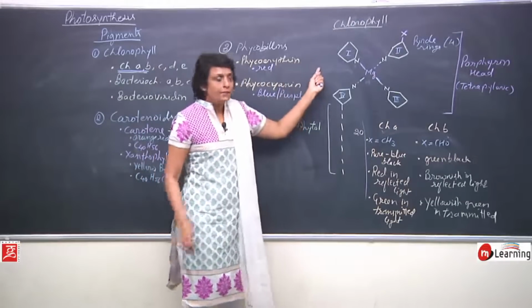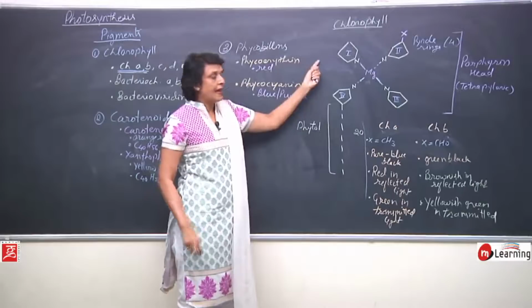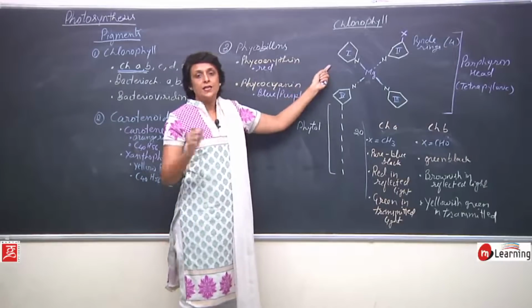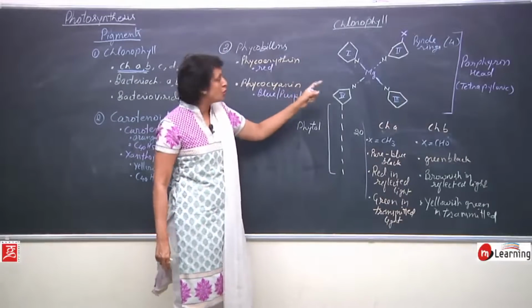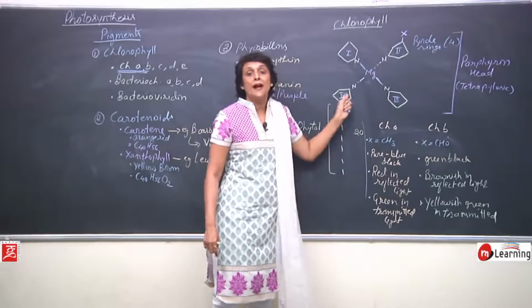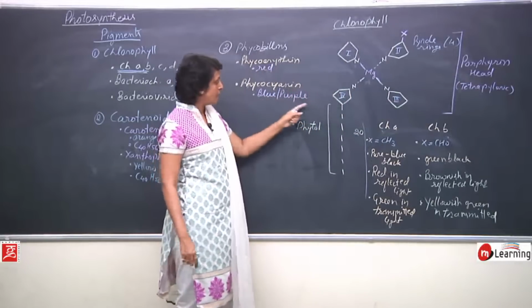So chlorophyll structure is one head and a tail. The head is porphyrin head, which has magnesium in the center. This magnesium is connected to nitrogen of the 4 pyrrole rings, and that is why head is also known as tetrapyrrole.